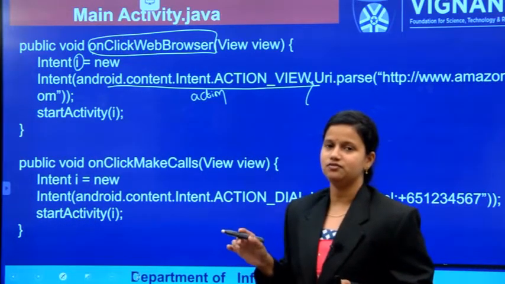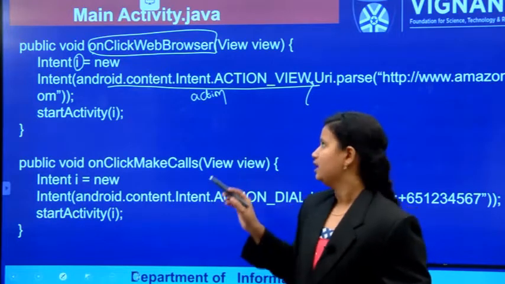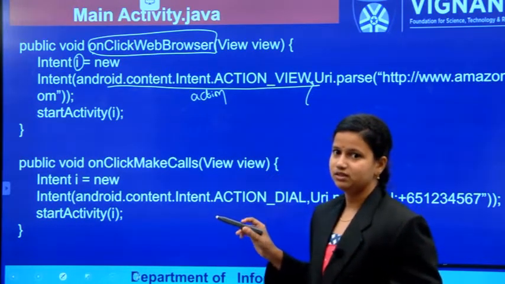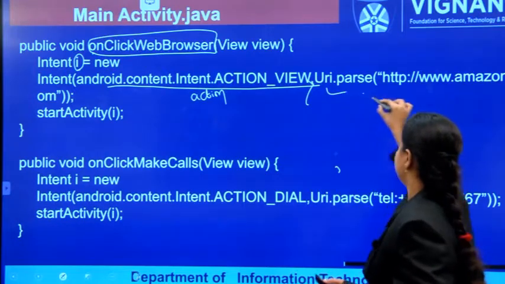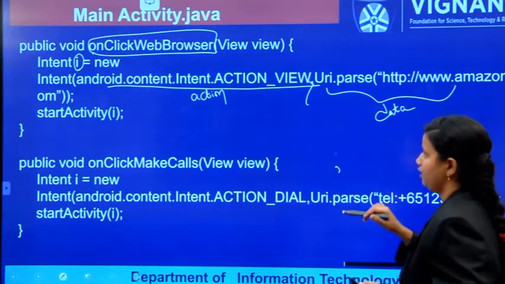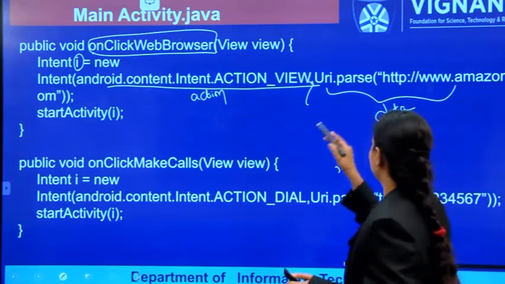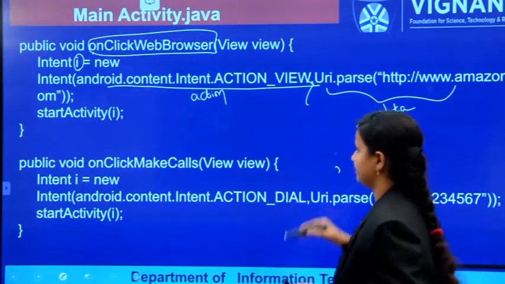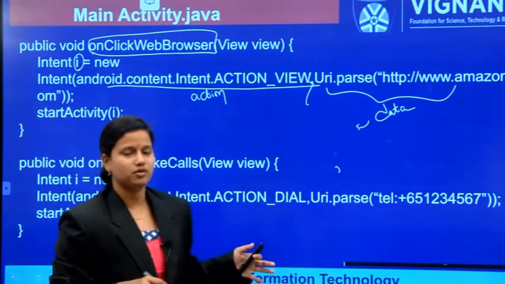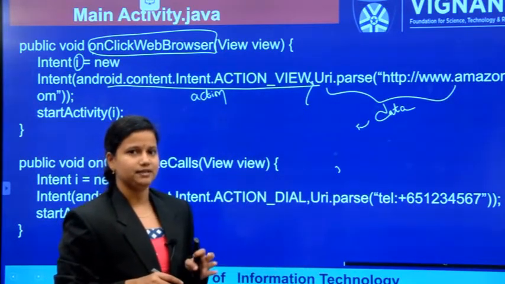That thing is the first parameter, action underscore view. What is the second parameter? The second parameter is nothing but we have to pass the data. When you are performing an action, which data will be affected? That data is to be provided as the second parameter.